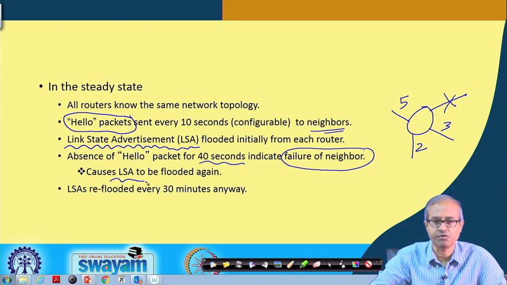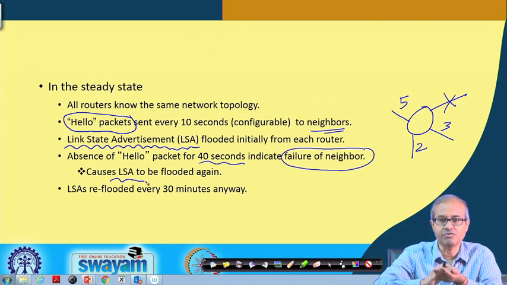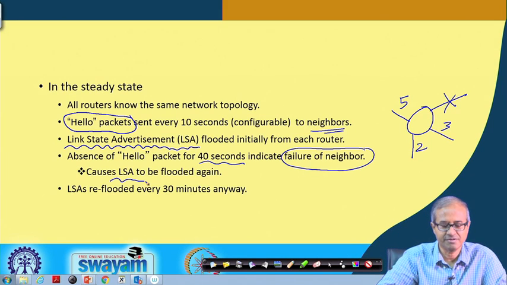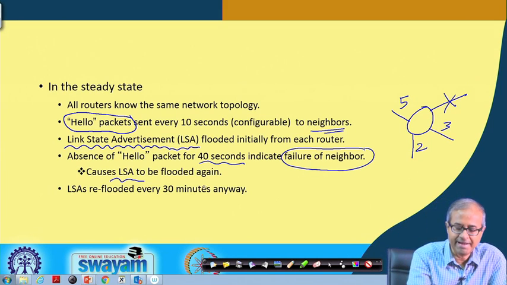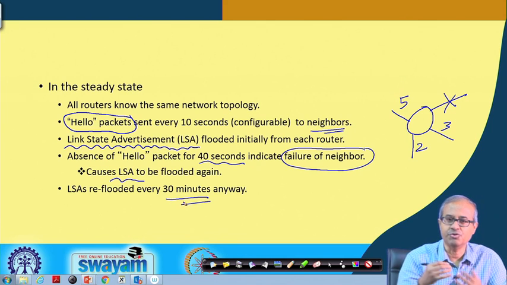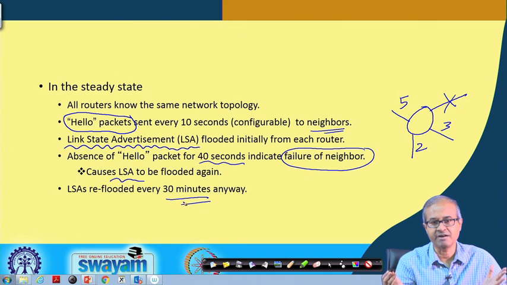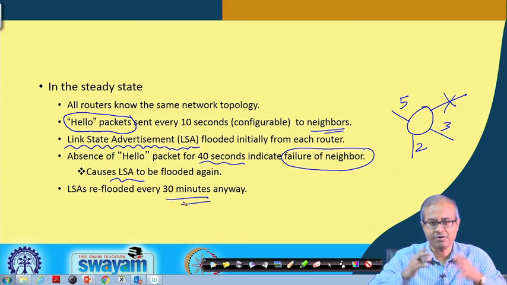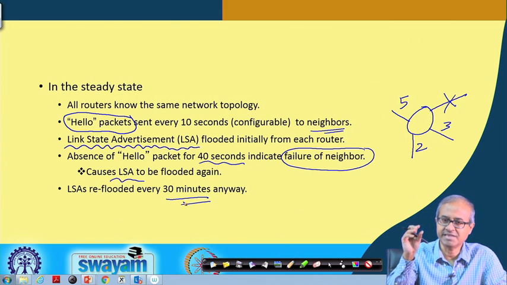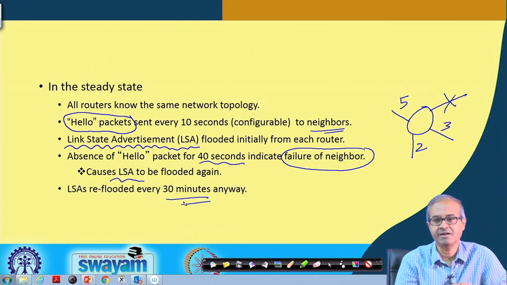This new state is forwarded, because now one router has detected that one link has failed, let the others also know. Okay. And anyway, every 30 minutes or so, link state advertisements are reflooded or resent by default, but once somebody detects a failure, it will be sent forcefully.